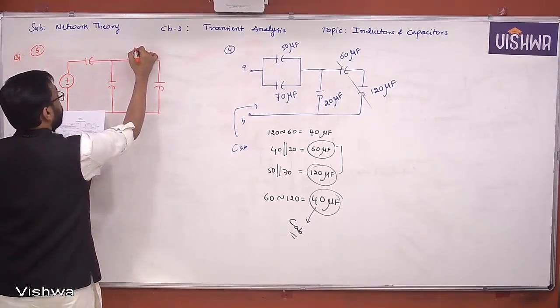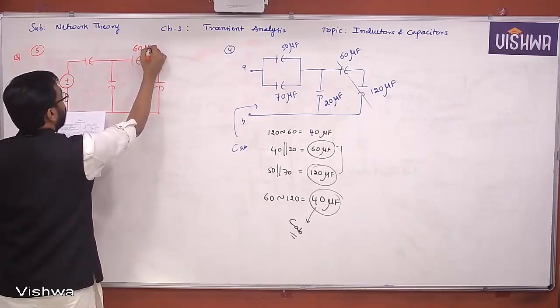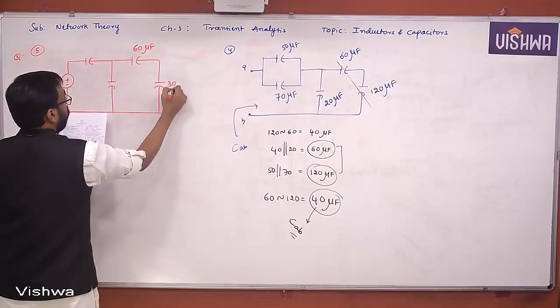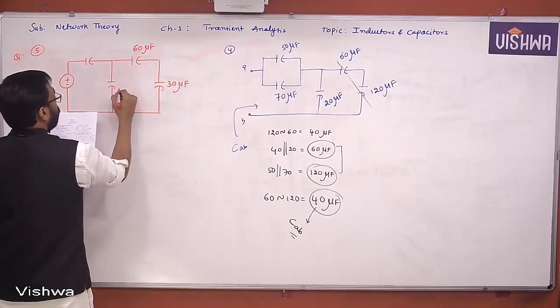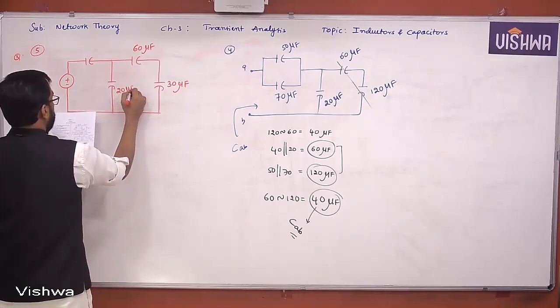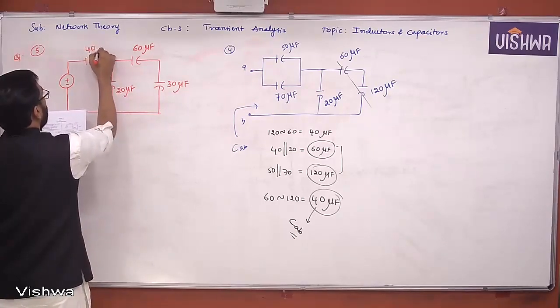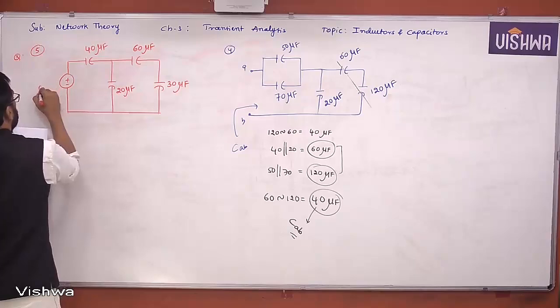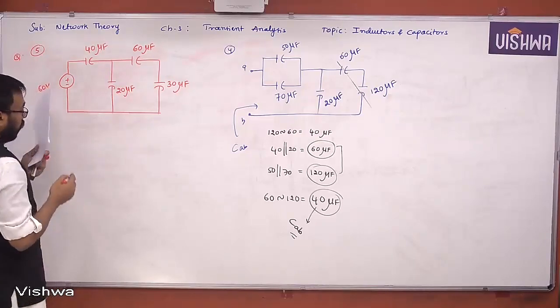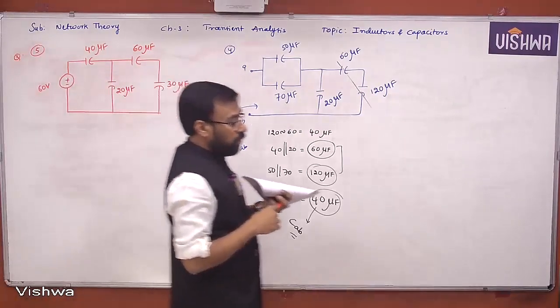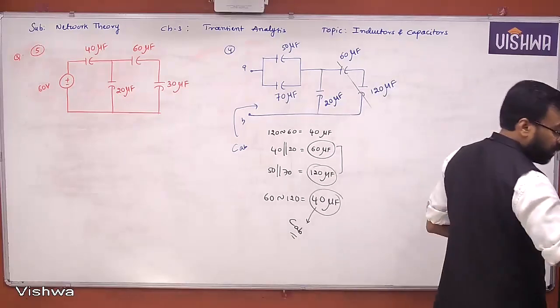Find the voltage across each capacitor. 60 microfarad, 30 microfarad, 20 microfarad, 40 microfarad, 60 volts. We need to find voltage across each capacitor. That's the question given.